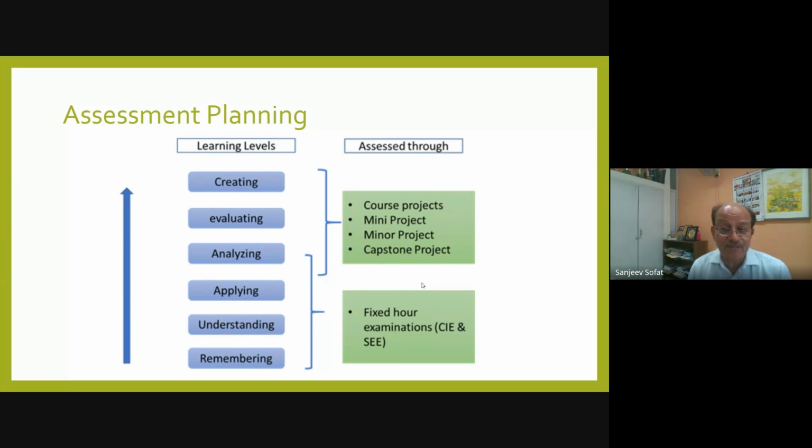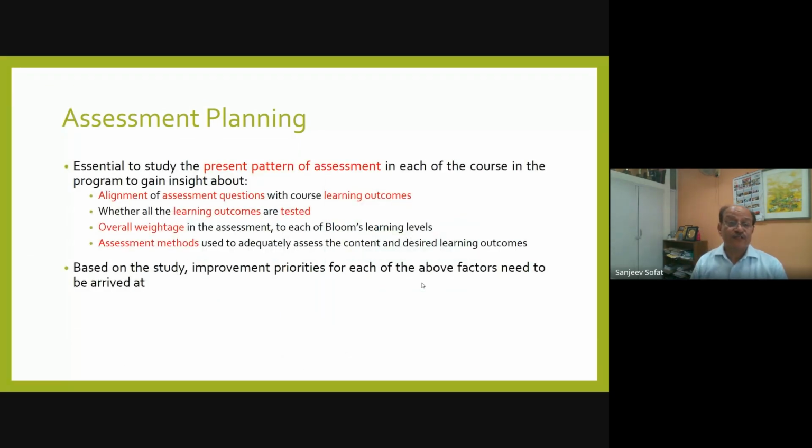Starting from the curriculum, to teach, to evaluate, we have Bloom's levels being used over there. This is assessment planning. What we have to do is study the present pattern of assessment in each course in the program to gain insight about alignment of assessment questions with course learning outcomes.